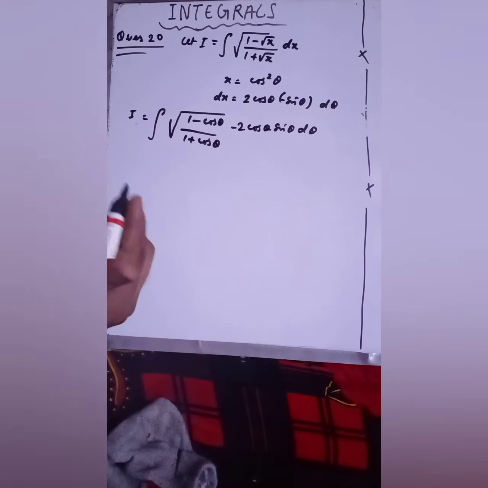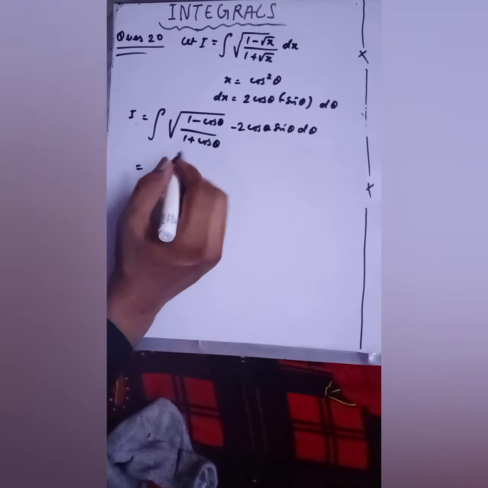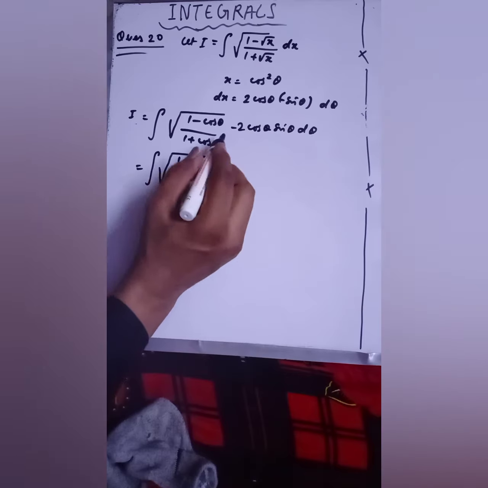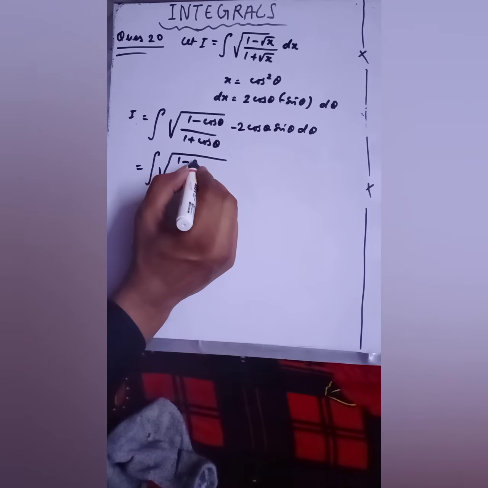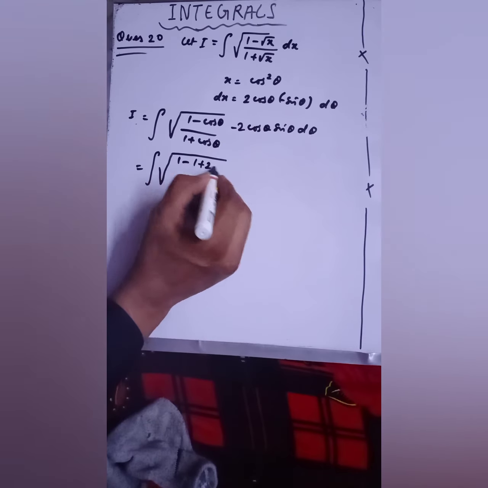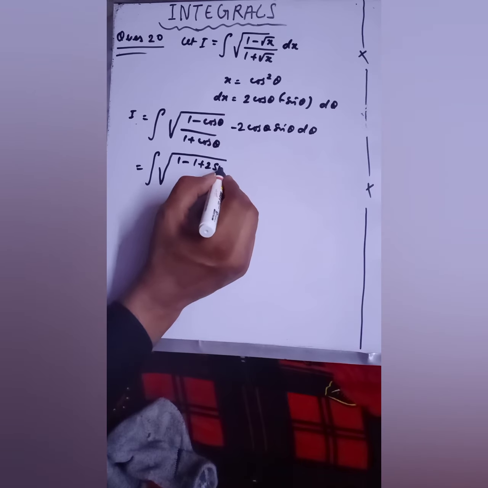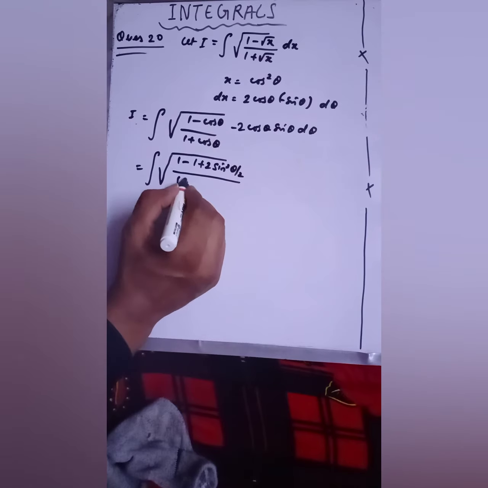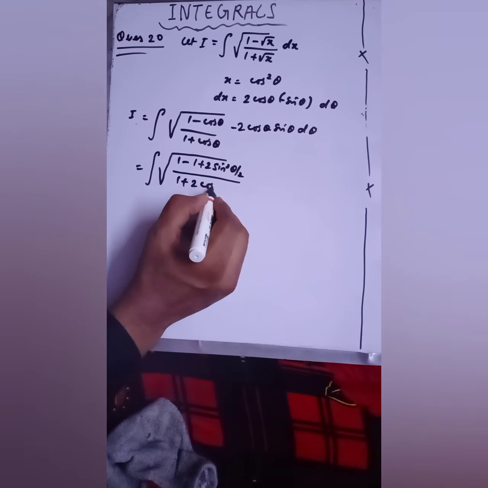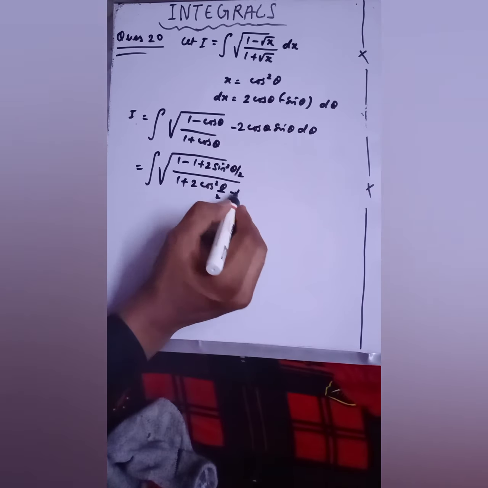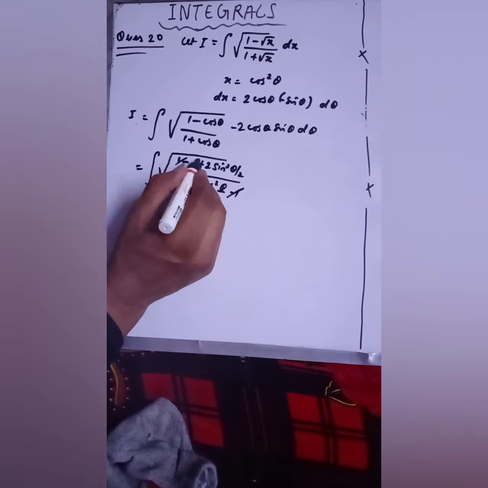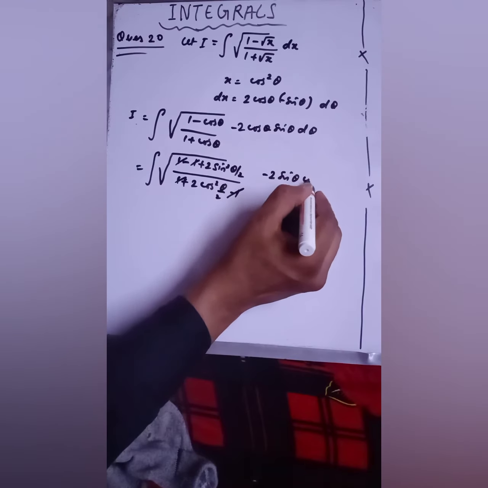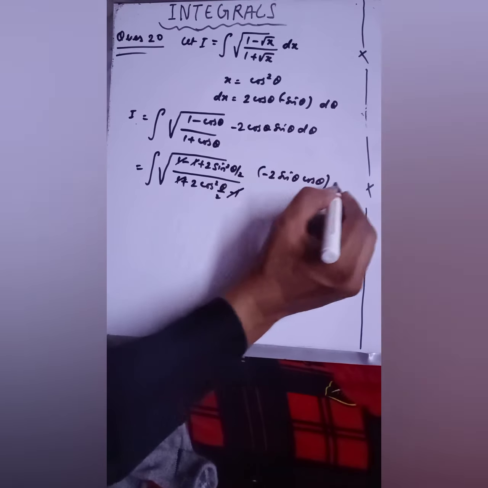Now in place of cos theta you put the formula: 1 minus 2 sin square theta by 2 in the numerator. Similarly in the denominator you put 2 cos square theta by 2 minus 1. So 1 and 1 will cancel out, and 1 and 1 will cancel out. Minus 2 sin theta cos theta d theta.